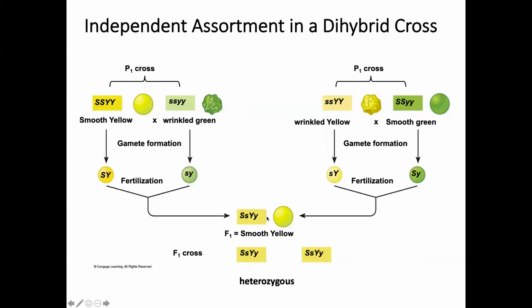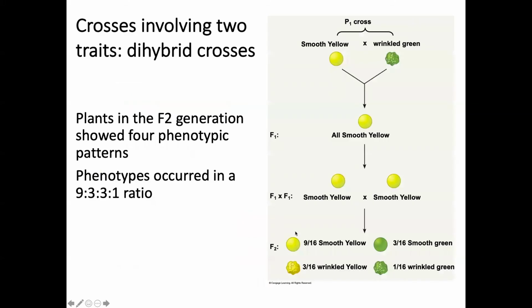So how can you determine the dominant traits here? Yes, the F1 plant has the dominant traits. Here, smooth peas are dominant over wrinkled peas, and yellow peas are dominant over green peas. So smooth and yellow are both dominant traits.